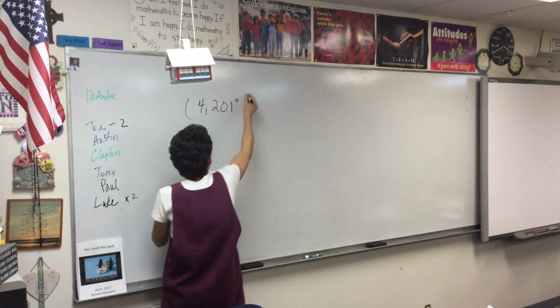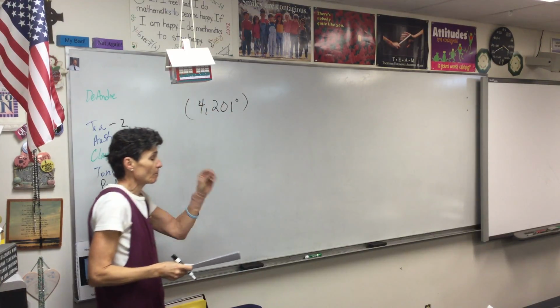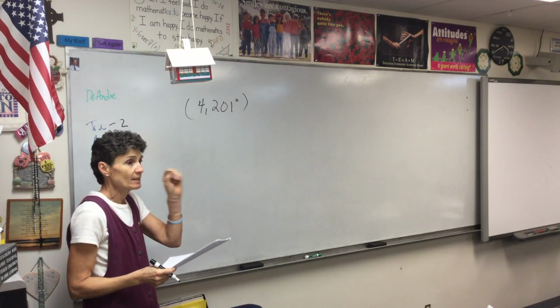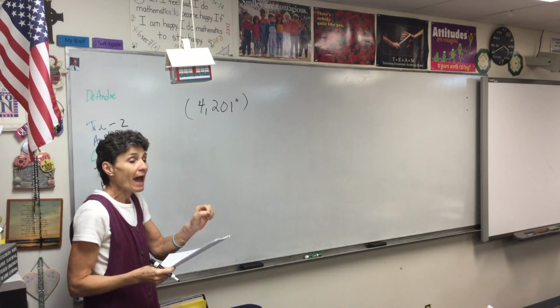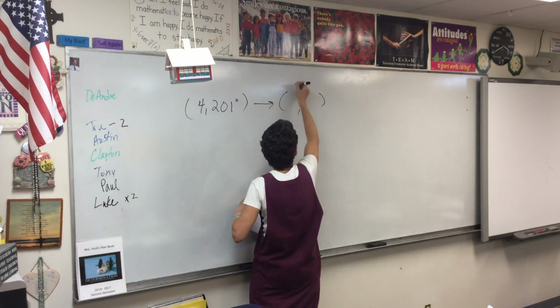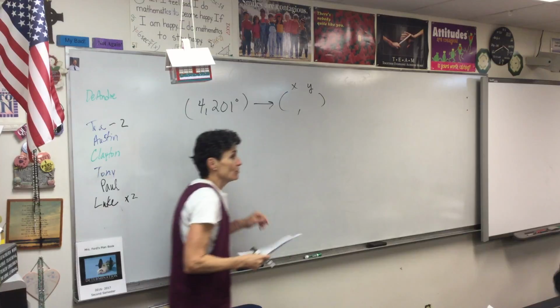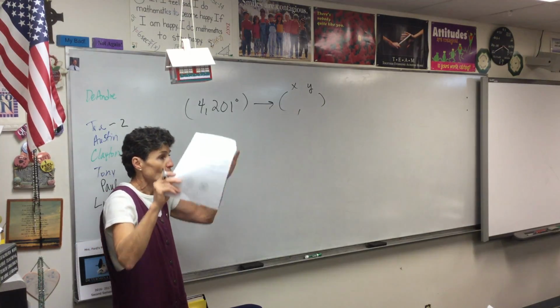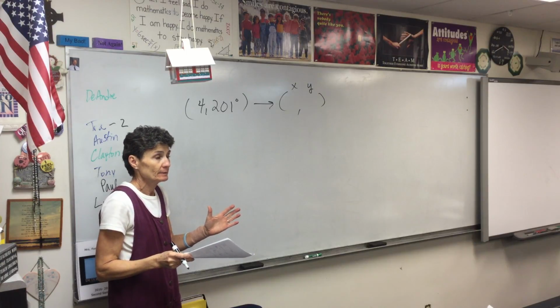Alright, here we go. 201 degrees. Now listen, we have to start pulling this stuff together. Convert to rectangular coordinates. That means find x and y. The word coordinates implies an ordered pair, right?